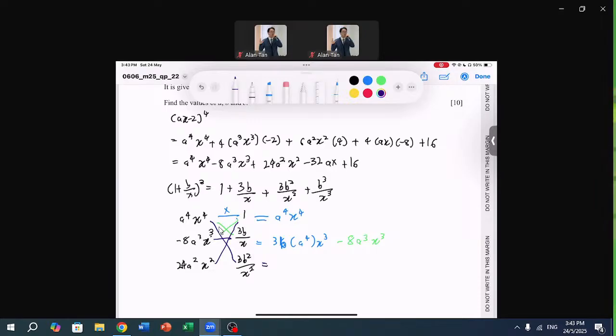So this gives us 3b squared a power 4 minus 8a cubed b plus 24a squared.